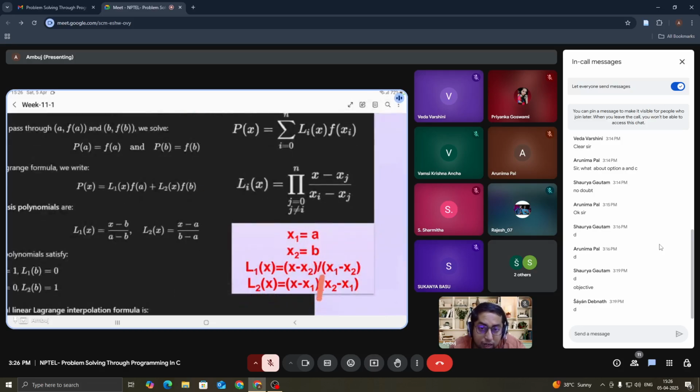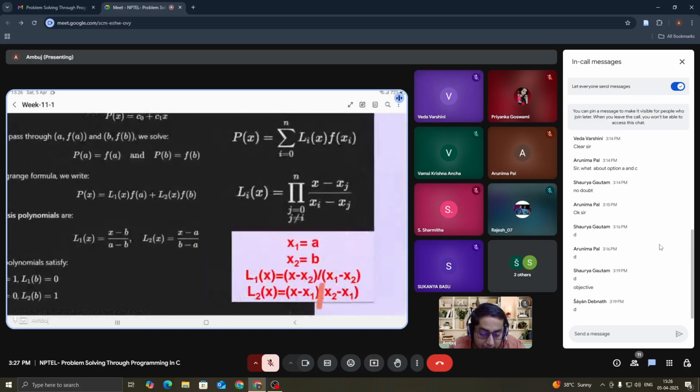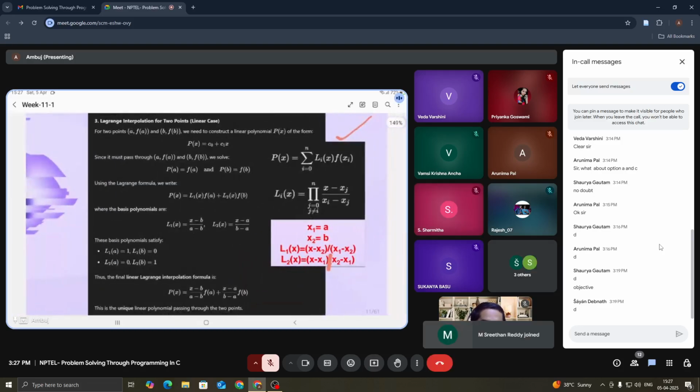When I am writing L2(x), i is 2 here, so I cannot write it as xj; j cannot be equal to 2. Hence j is equal to 1 only, so you write (x minus x1) over (x2 minus x1). Whatever term xj you are writing, you just have to use the same xj in the denominator also.